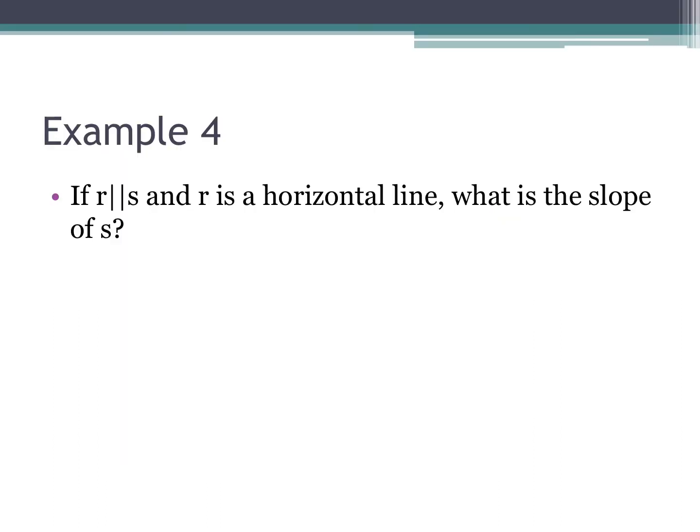The next one is telling us that if R is parallel to S and R is a horizontal line, what is the slope of S? Well, I know parallel lines have the same slope, so as long as I've memorized that a horizontal line has a slope of 0, then that's going to be my answer.